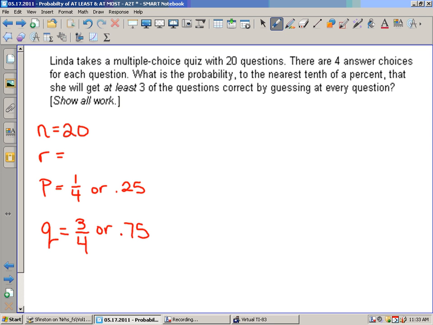Now, what's the probability to the nearest 0.1% that she'll get at least 3 of the questions correct? Because at least, if I have at least $3 in my pocket, could I have 4? Could I have 5? 6, 7, 8, 9, 10, 11, 12.